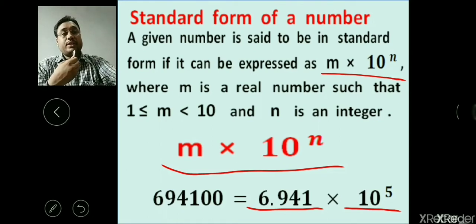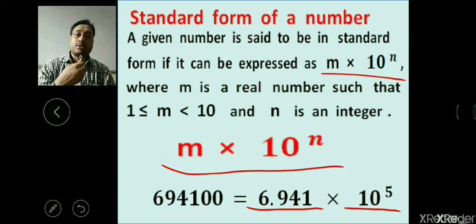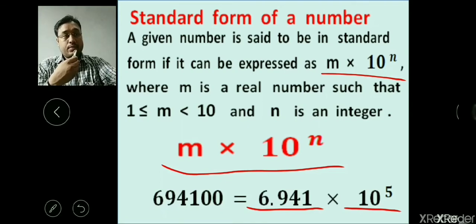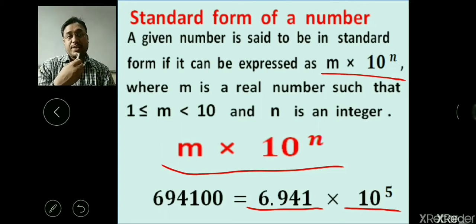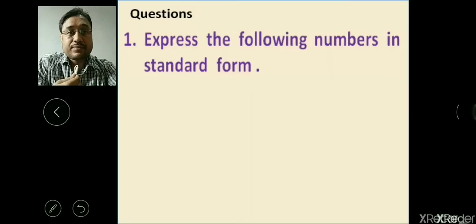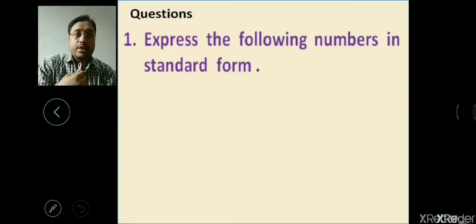Generally, in this exercise we have to study expressing large numbers in standard form only. Therefore the power of 10, that means n here, will be positive only. We are taking it positive because we are expressing large numbers in standard form. Then express the following numbers in standard form. Now see these questions.